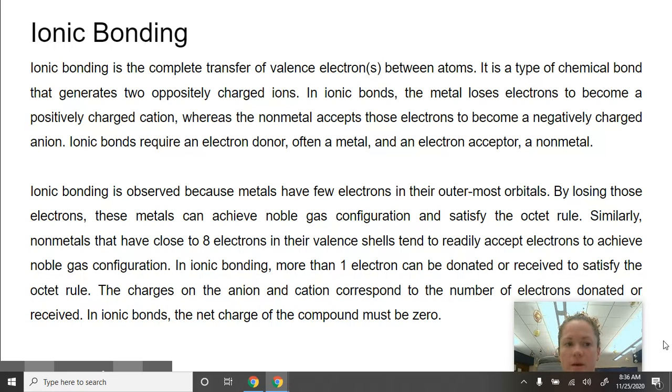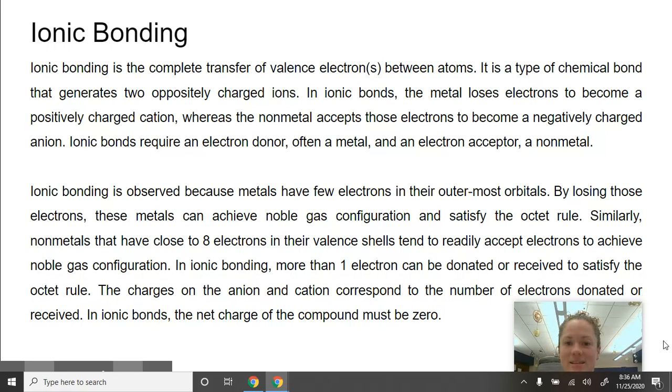So this type of chemical bond generates two oppositely charged ions. In ionic bonds, the metals lose electrons to become positively charged cations. So the way I remember a cation is you usually get happy if you see cats. Some people anyway. So cations make you happy, so they're positive.